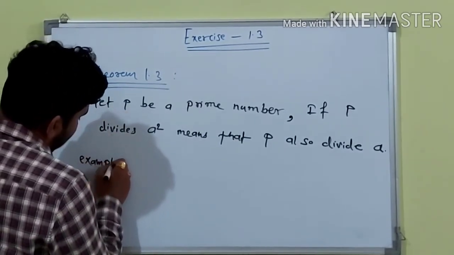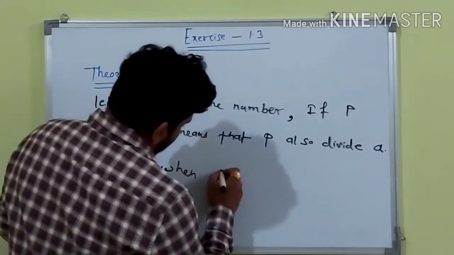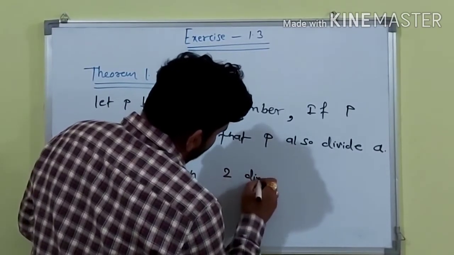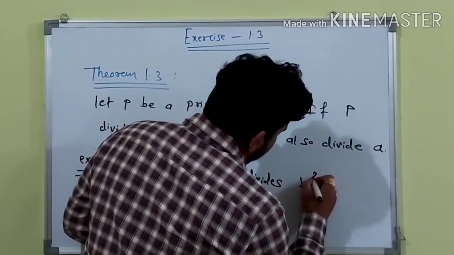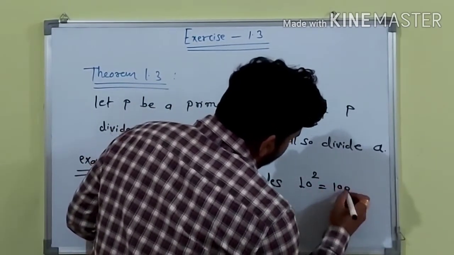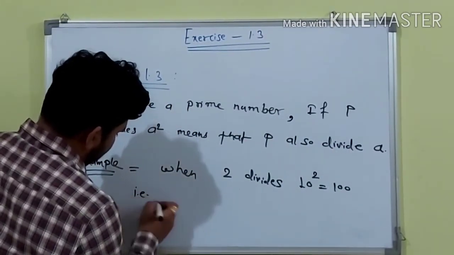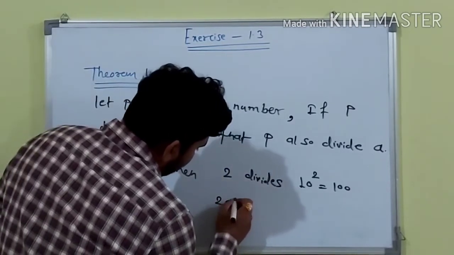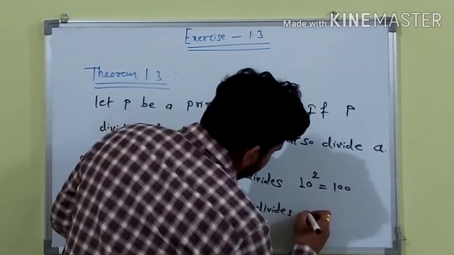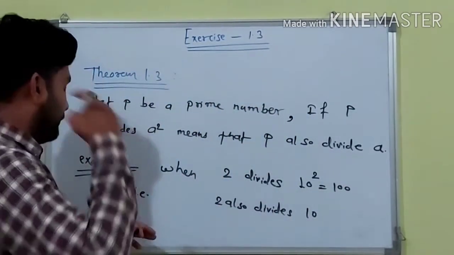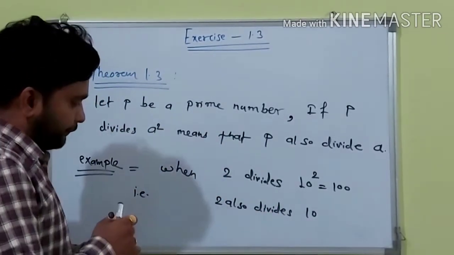Example: when 2 divides 10 to the power 2, which is 100, it means that 2 also divides 10. Both are divisible by 2, that means this is theorem 1.3.